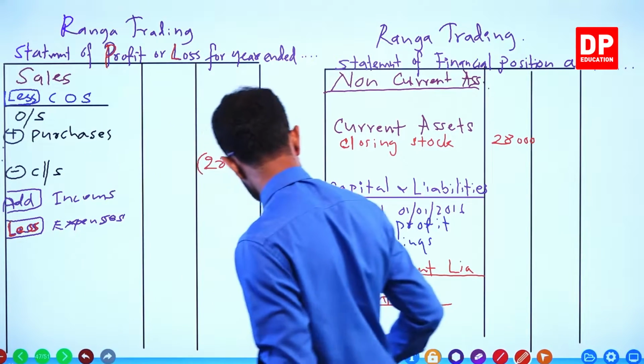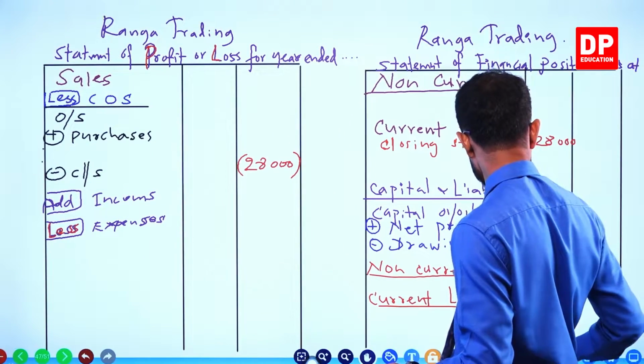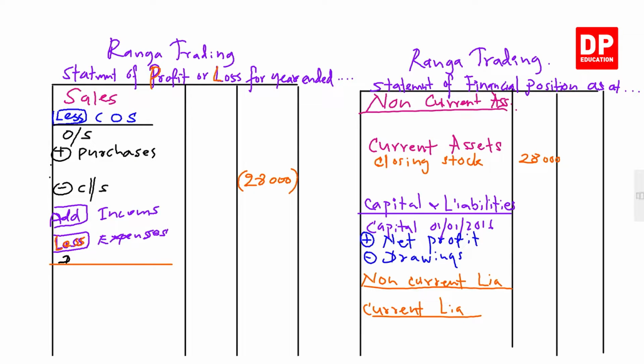Which category? Distribution expenses category.